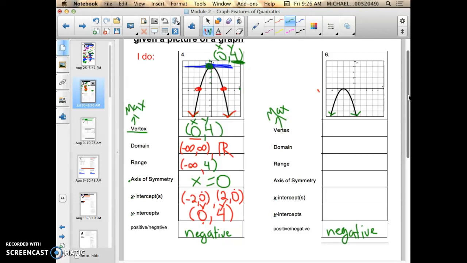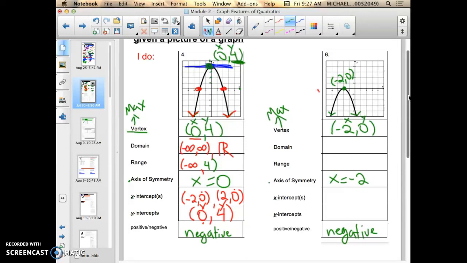Let's find the vertex now. Vertex has shifted left from the original one, the first one I did. Now this vertex is a plotted point of negative 2, 0. Meaning that I also found my axis of symmetry. It's the x value of the vertex. So axis of symmetry is x equals negative 2.